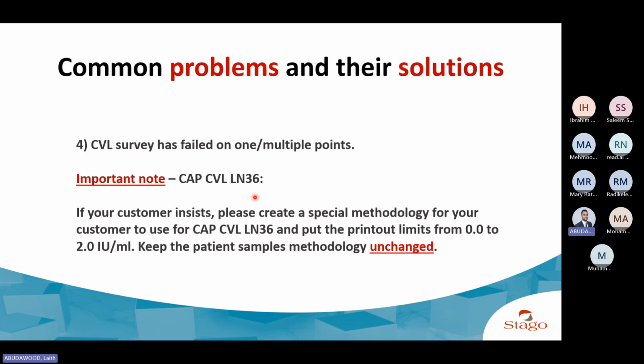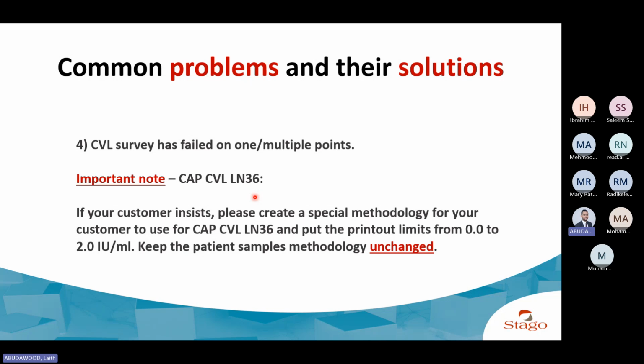You can create for them a special procedure or a special methodology. You can call it, for example, heparin for CVL or whatever it is that you want to call it. But you tell them you only use this methodology for CAP samples, never for patient samples, okay? Because below 0.1 is out of our analytical measuring range.